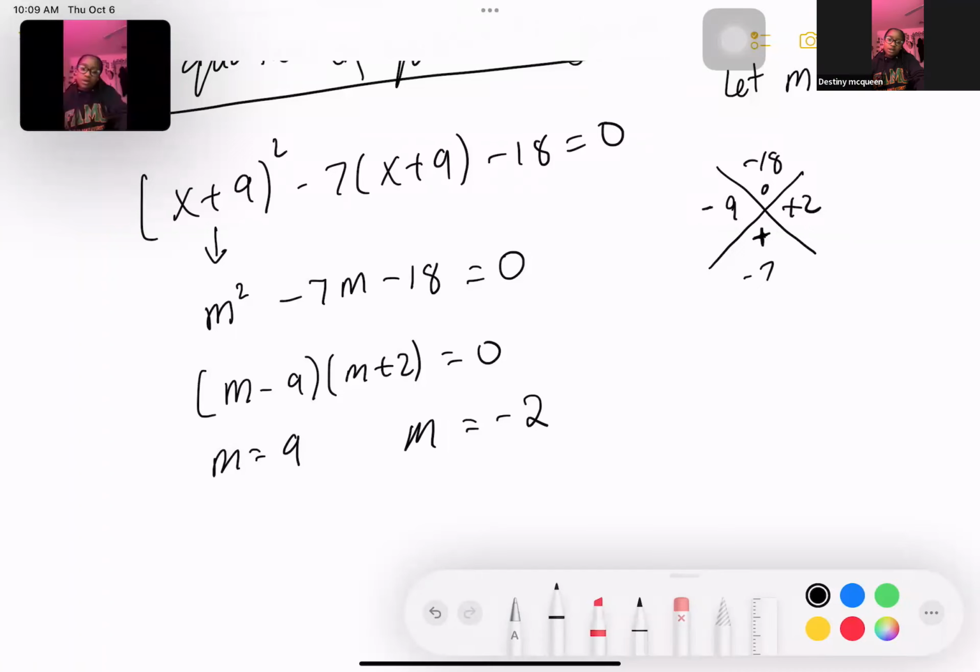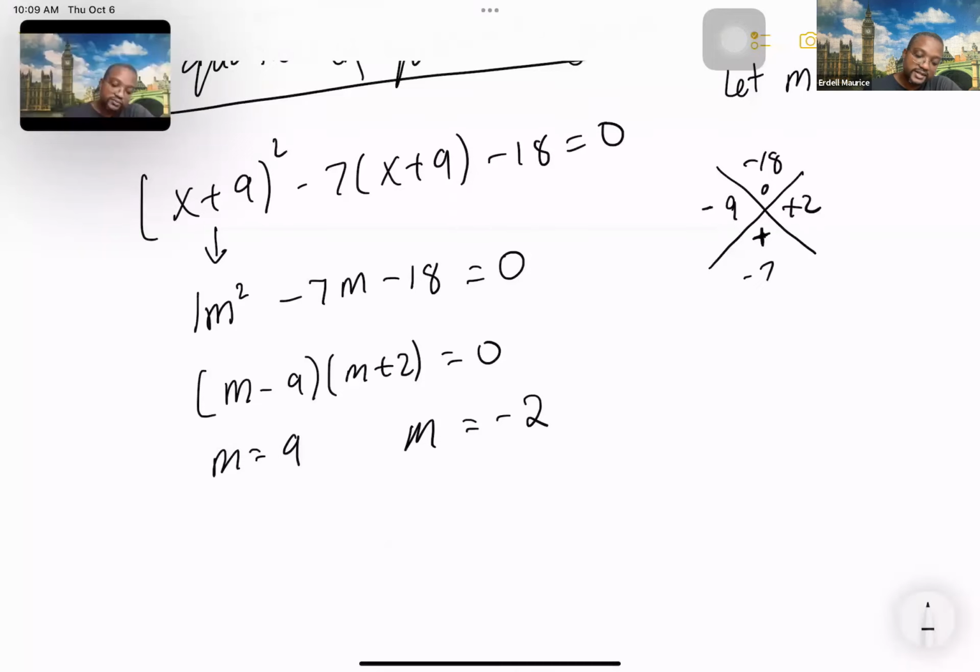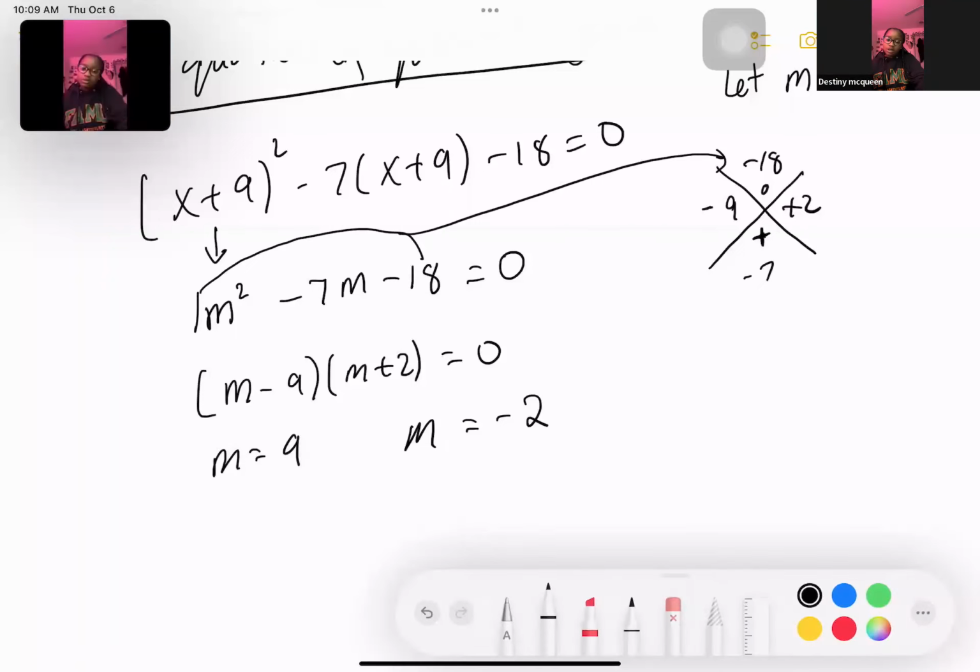The only reason I put it here is because you have to remember you multiply this times this to get the number. 1 times negative 18 is negative 18. Yeah, I was just trying to get her some clarification because she put it in the chat. I don't know if you've seen it or not. No, I didn't see that.